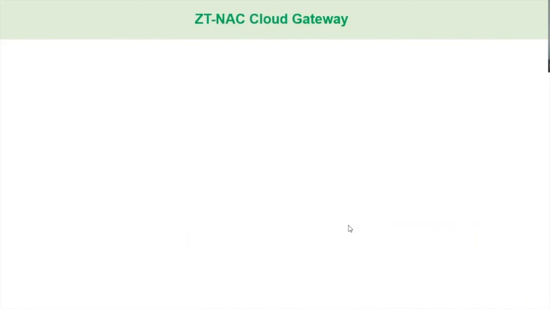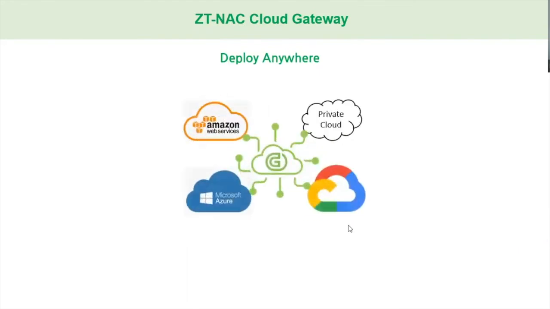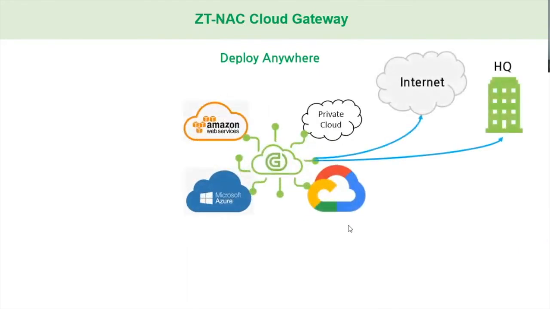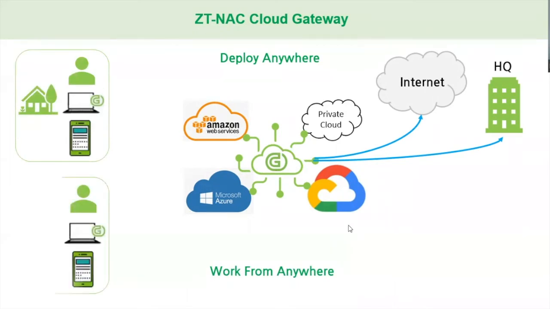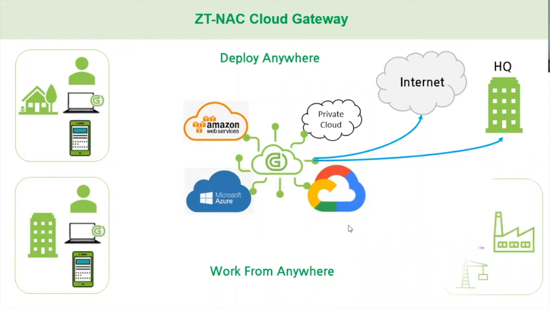So we'll talk now finally about the cloud gateway. We've talked about how to control instances in the cloud, but controlling access to the cloud is different. Here you can deploy a cloud gateway in any cloud provider or in your private cloud, and you can control access to other cloud resources, the internet or HQ, for users and devices connecting from anywhere.